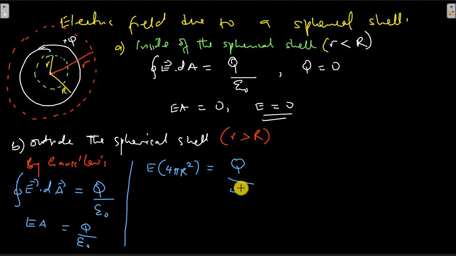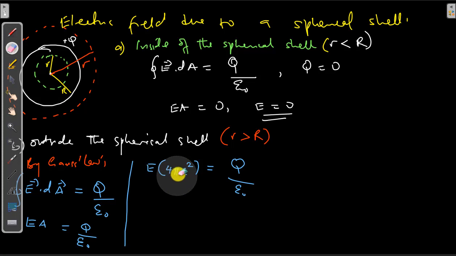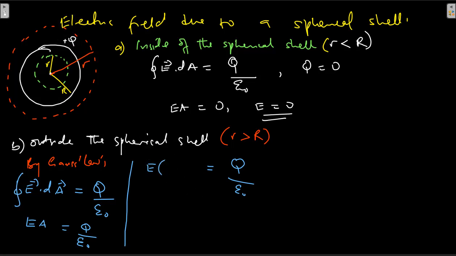Also, sorry about this, this is 4 pi small r squared; I should have made this clear. This is the radius of the Gaussian surface, and Q is the charge enclosed in the Gaussian surface. So the electric field is given by the charge enclosed divided by 4 pi epsilon naught r squared.